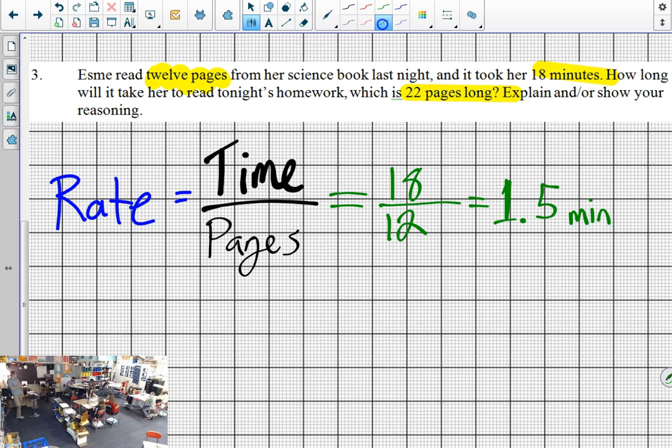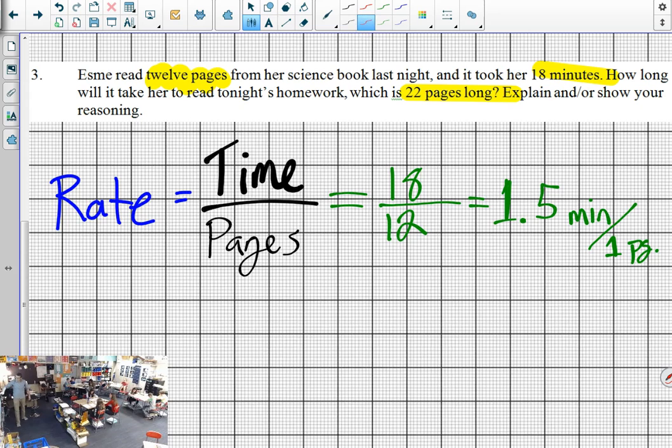Then, what'd you do to figure out 22 pages? If this is how long it takes to read one page, just multiply by 22, or however many pages you want to read. If you want to read the whole book, multiply by how many pages are in the book.